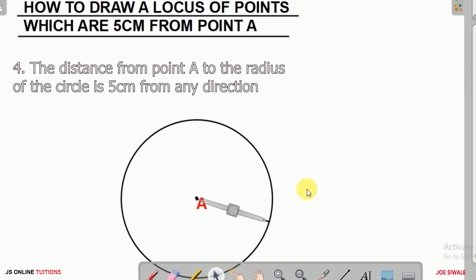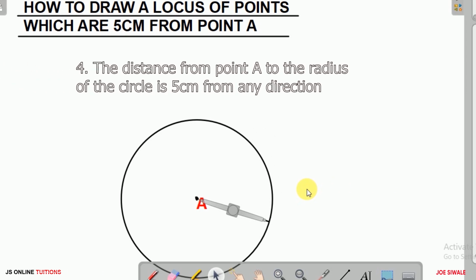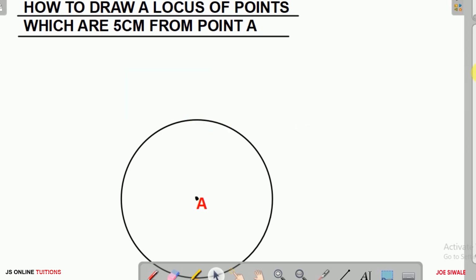The distance from the point A to the circle is 5 centimeters from any direction, and that step means that if you start from this point A, going to any point on the circle is 5 centimeters, and we can prove that by getting our meter rule.